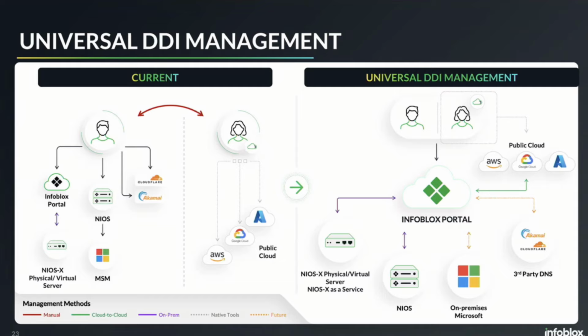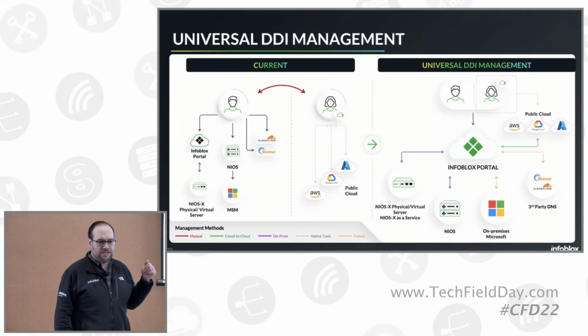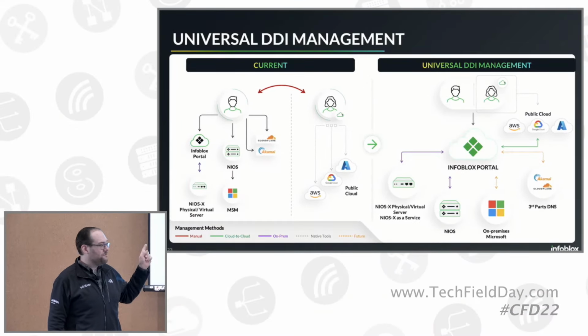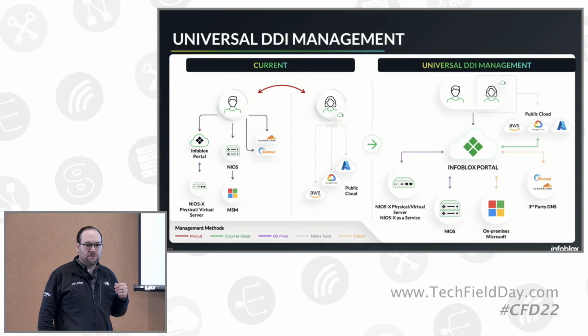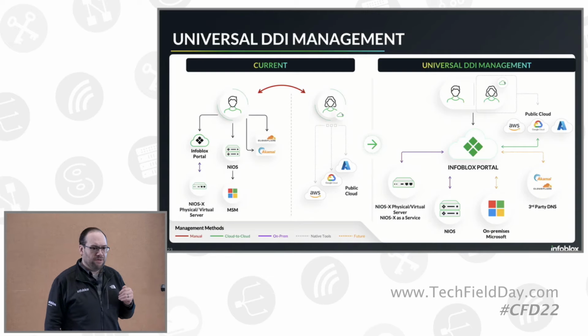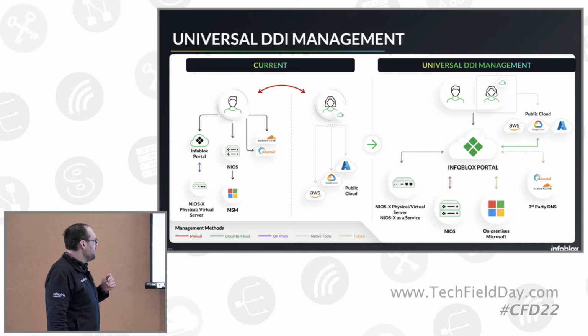That still exists. If I want to log in as a network engineer into our portal as opposed to logging into AWS, Azure, or GCP, I now can see those same DNS records, that same IPAM that I would have seen in the native portal, in our portal, right? Keeping a nice view that is specific to what that network admin cares about seeing.